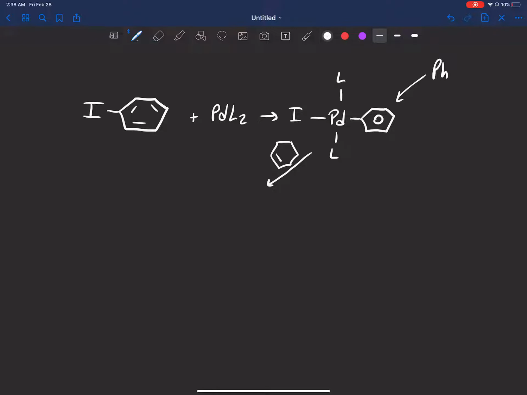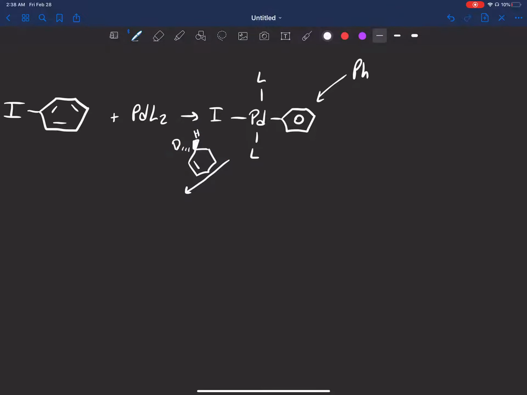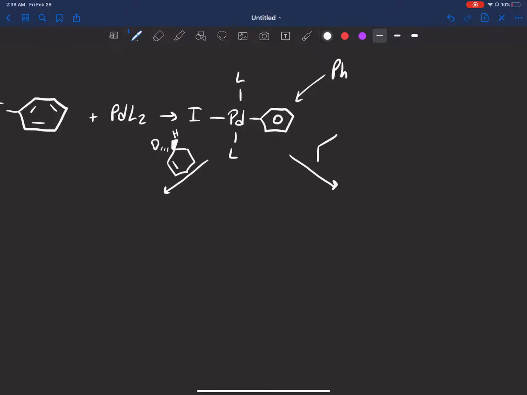So we have, in this case, one with a wedged hydrogen and dashed deuterium. Now I put deuterium because it acts the same as hydrogen, and I just want to make a distinction. Let me move this down a bit. The other one is going to be this.